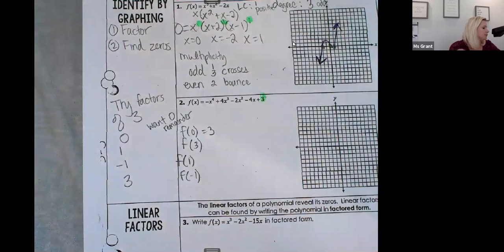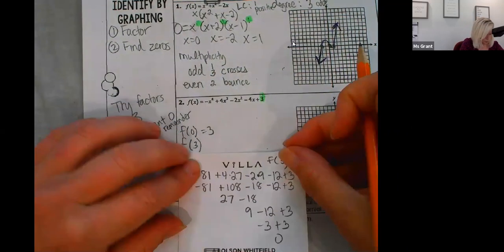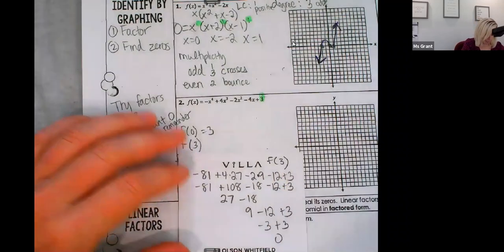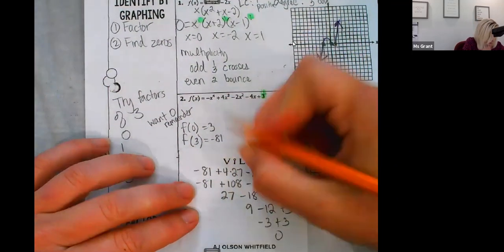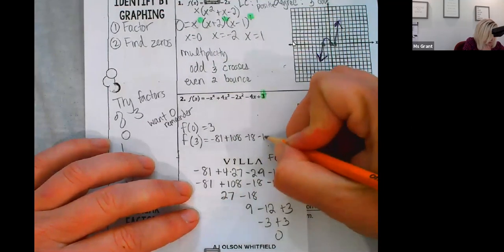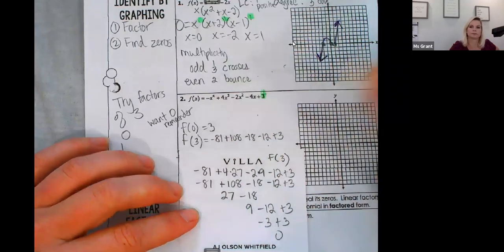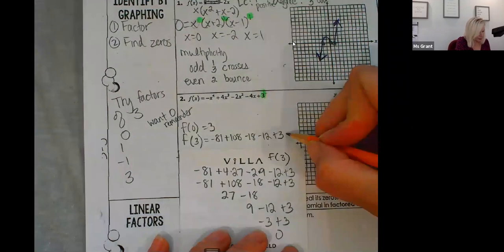Let's try 3. Here's 3. -81 plus 108 minus 18 minus 12 plus 3. Great news. It equals 0.